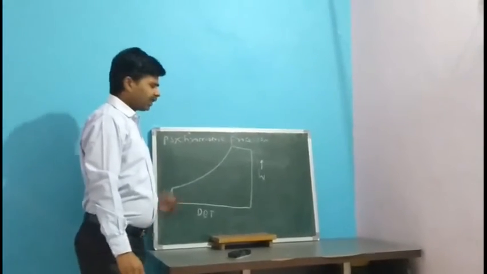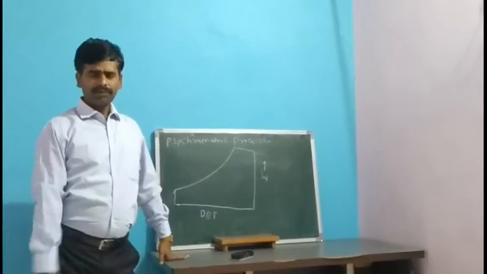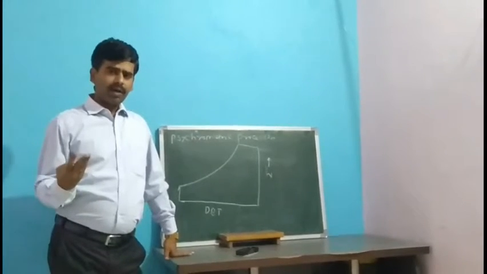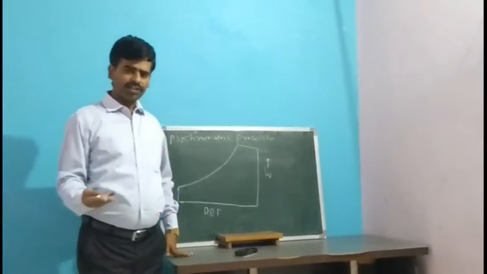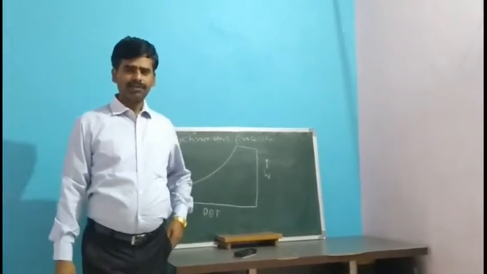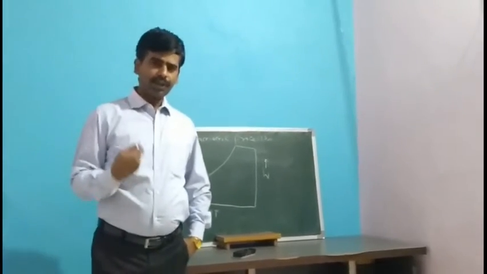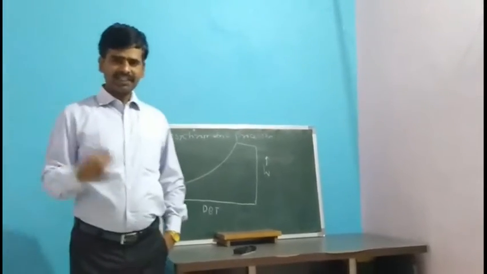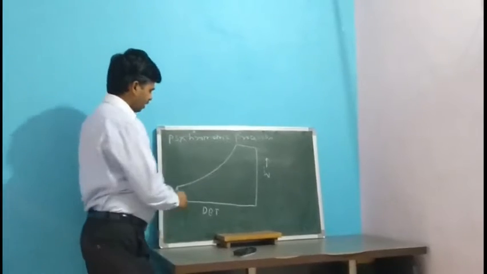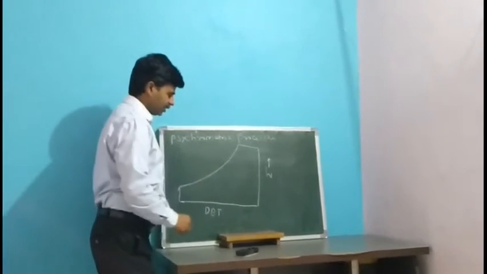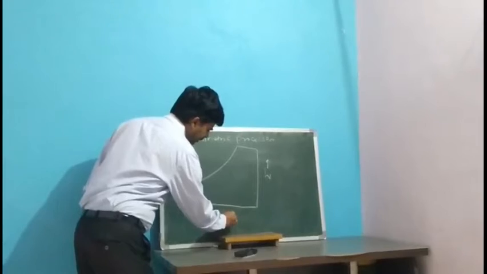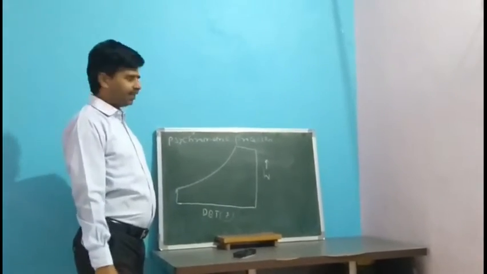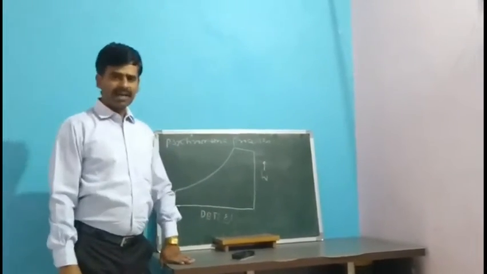There are different terms that are used in psychrometry, like dry air, moist air, DBT, that is dry bulb temperature, wet bulb temperature, dew point temperature, then specific humidity, relative humidity, etc. On the psychrometric chart, the x-axis represents the dry bulb temperature, which is in degree Celsius, and the y-axis represents the specific humidity, which is in kg per kg of dry air.